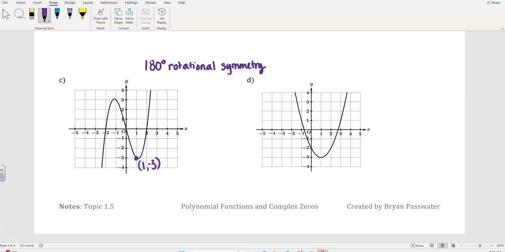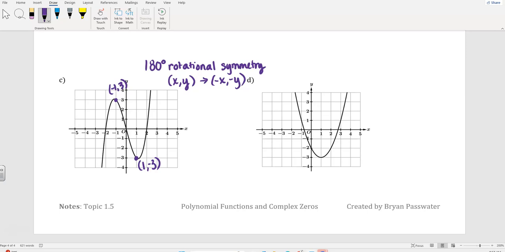It's been probably a while since you guys had 2, and I haven't taught 2 in a long time, so I don't even know how in-depth they go with this. 180-degree rotational symmetry, if you have the point x, y on a graph, then the point -x, -y is also on the graph. So that means here, we change the sign of both coordinates, so the point -1, +3 would be on the graph, and that happens here, right?